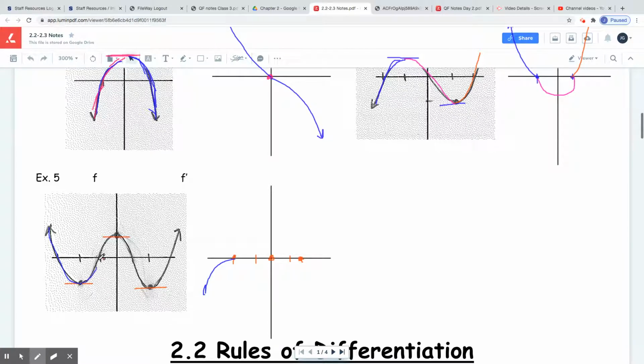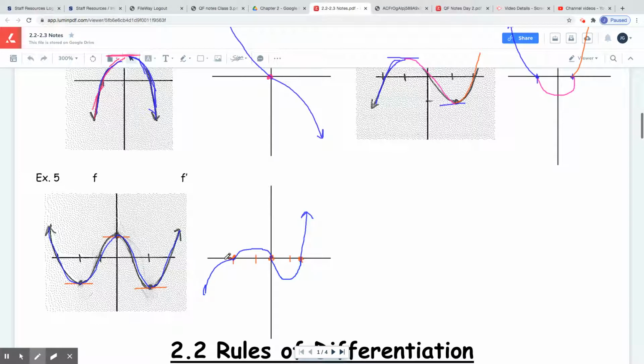Then we start going up between -2 and 0, so then it goes up. Then it goes back down, and then it goes back up again. So it looks something like that. A nice, smooth curve like that. It doesn't have to be a perfect drawing.